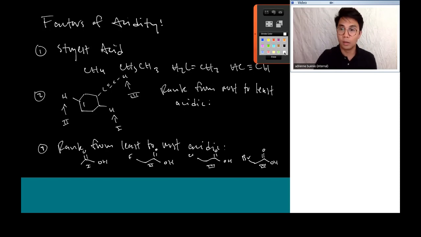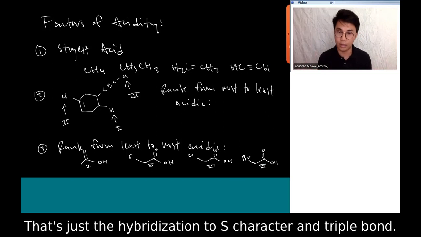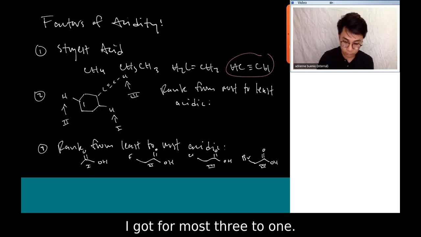Okay, so let's see, what color should we do? Okay, strongest acid. First one is a no-brainer, right? That's just the hybridization, the S character, and the triple bond. So what about the second one? I got from most, three, two, one.